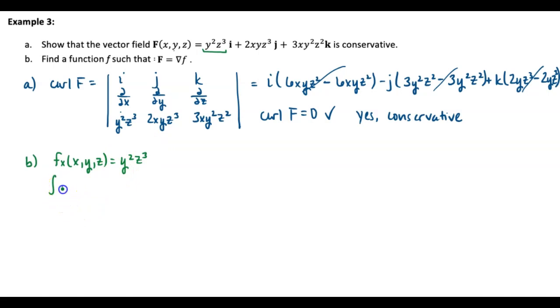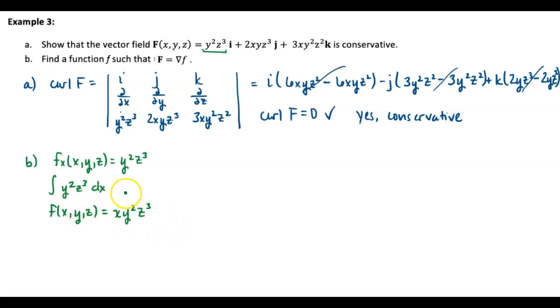And so the integral with respect to x of y squared z cubed dx is going to be our original function, f of x, y, and z, which is equal to, well, this is just going to look like x y squared z cubed.